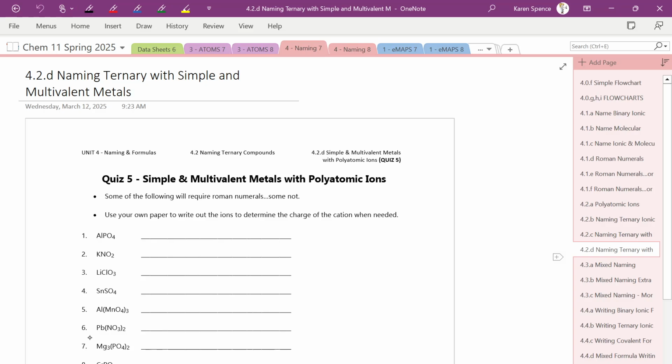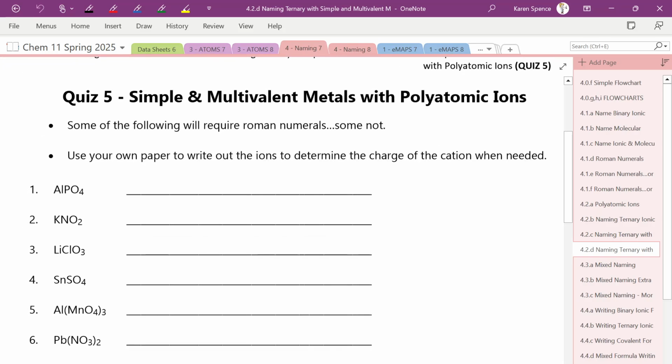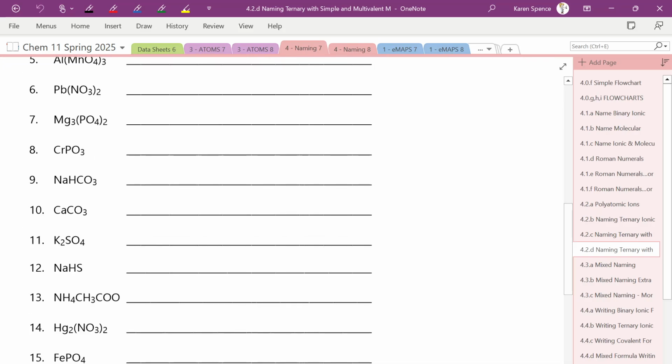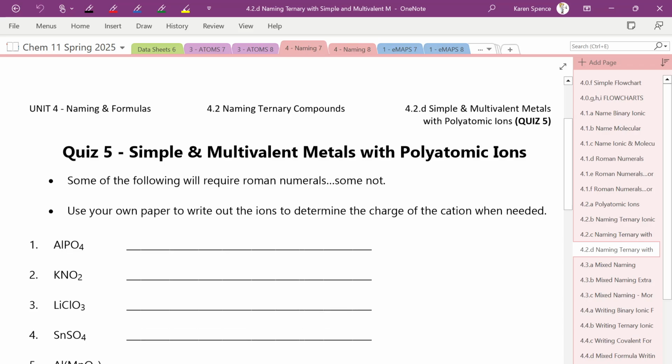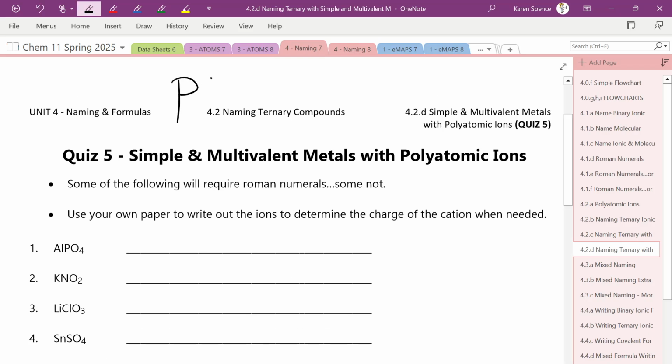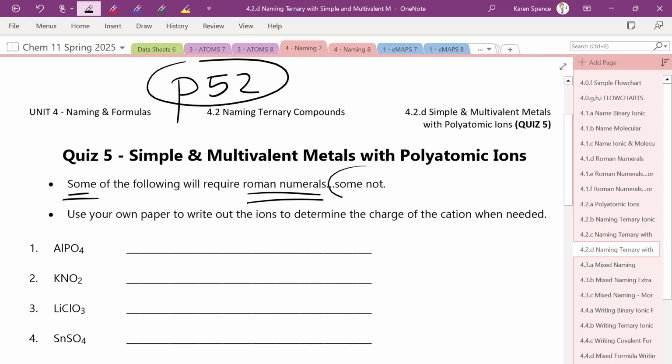If you feel ready for it, you can practice on page 52. So if you felt good about everything that we did today, you can practice on page 52. But page 52, some will require Roman numerals and some will not.